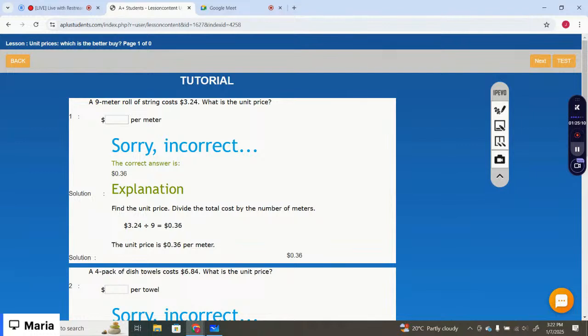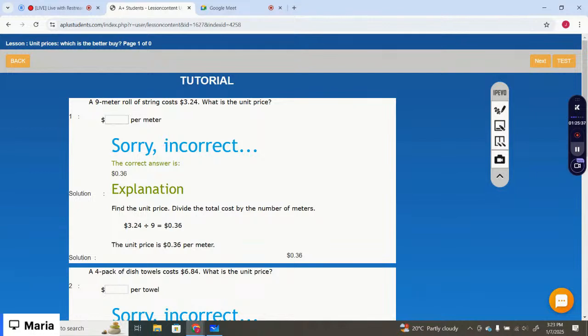A 9-meter roll of string costs $3.24. What is the unit price? 3.24 is the cost of the 9-meter roll. You have to calculate the price per unit. That means you need to calculate the price of 1 meter.